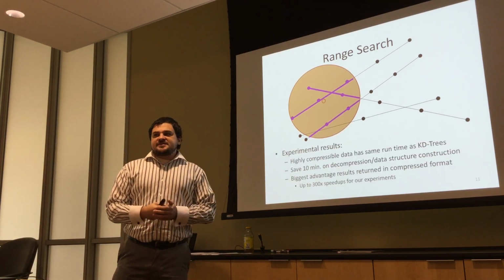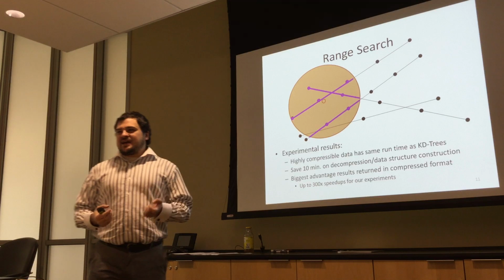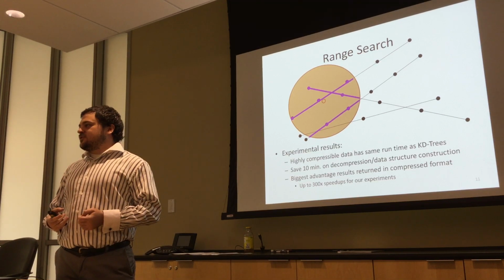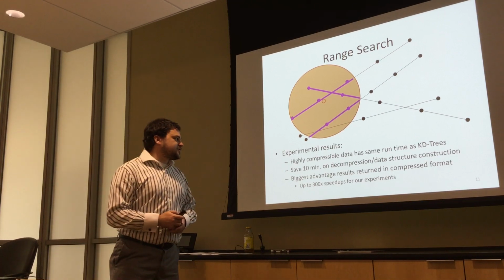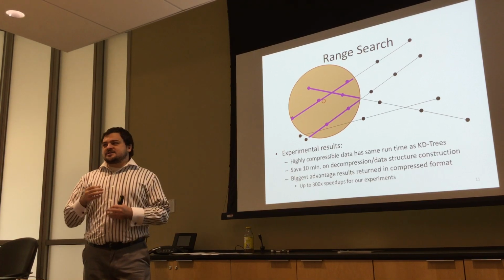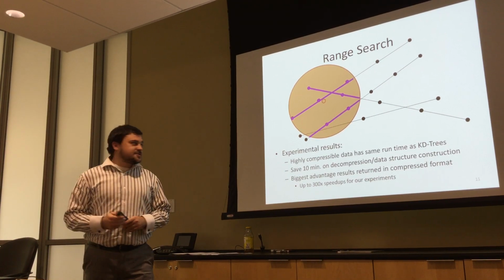So I implemented this algorithm and compared it to a KD tree implementation for range queries. A KD tree is a traditional data structure that is optimized for nearest neighbor and range searches.